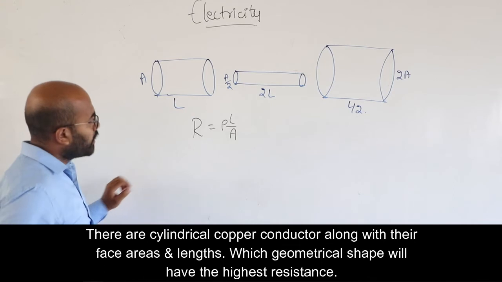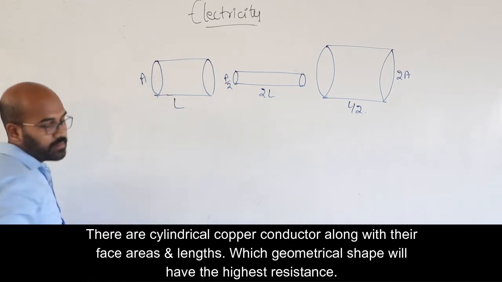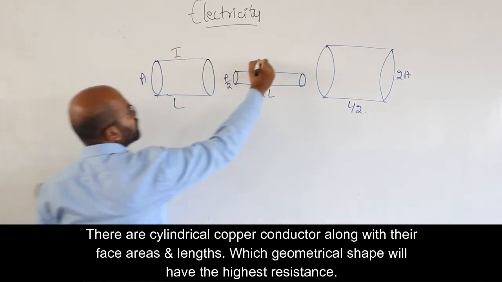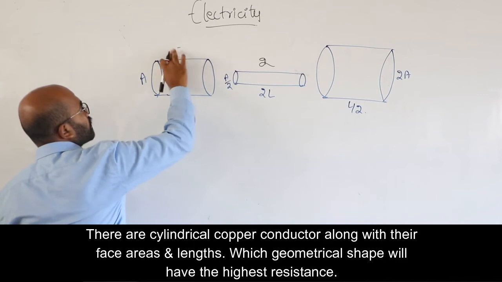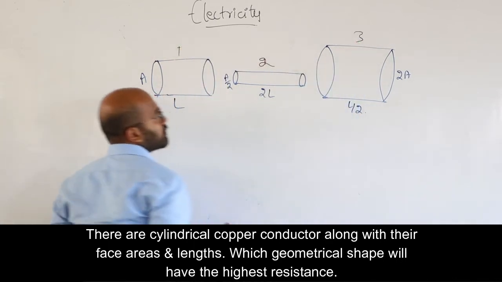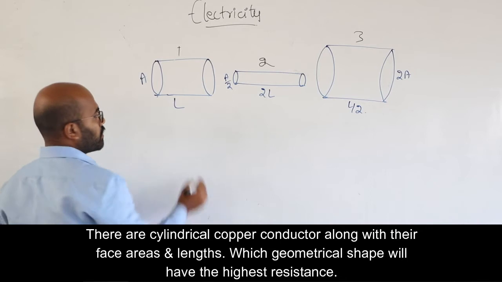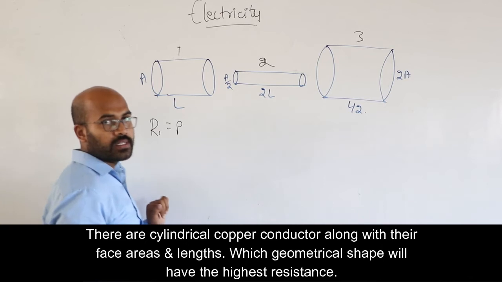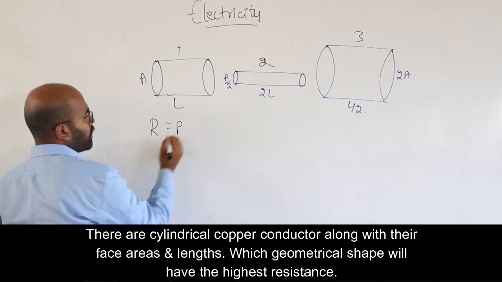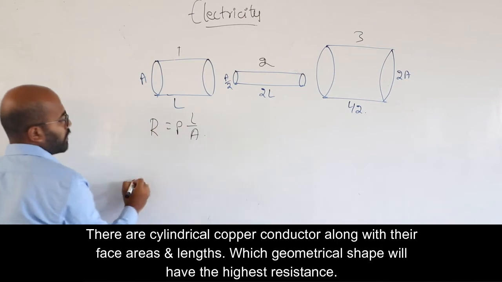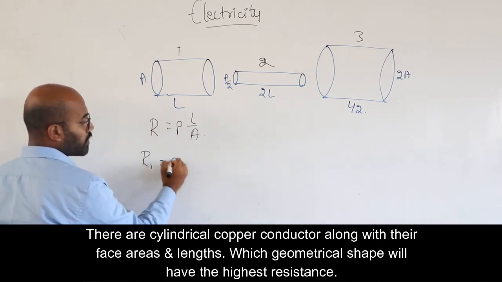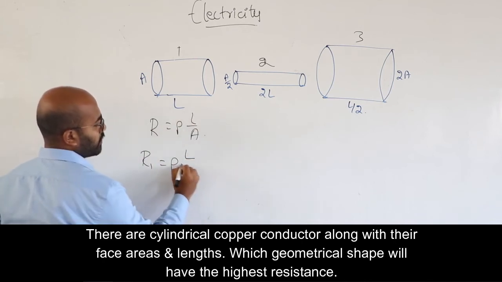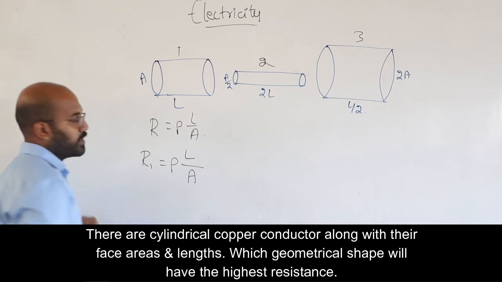So if I take this as first, second and third pipe, then for R1, rho is the same, L is capital L, and A is the same.